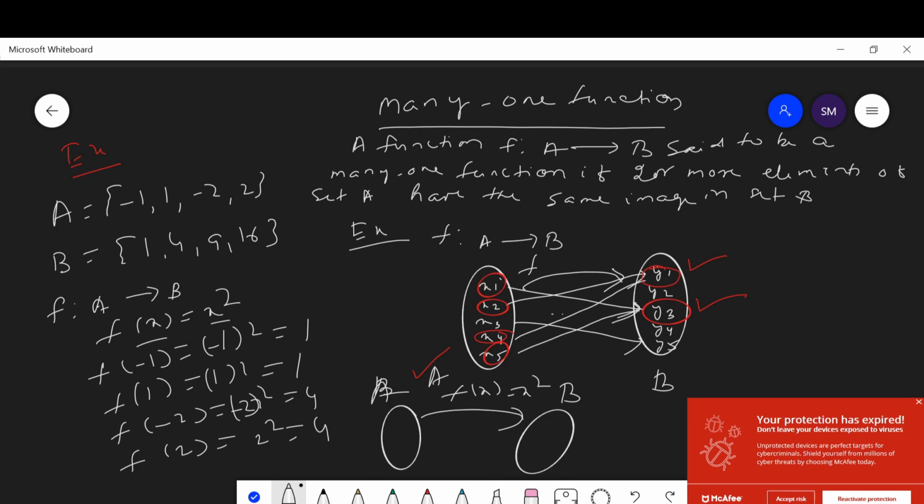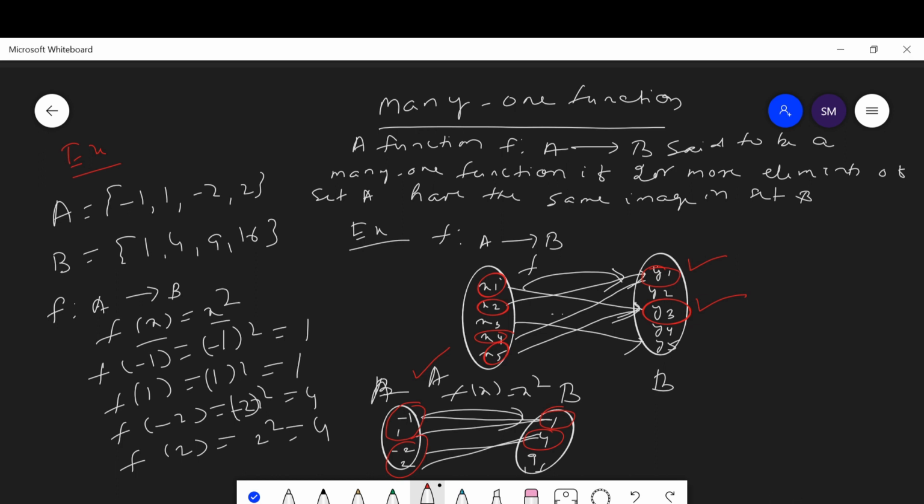Then here -1, 1, -2, 2, and here 1, 4, 9, 16. Then 1 is related with 1 and -1, and 4 is related with 2 and -2. This is called a many one function.